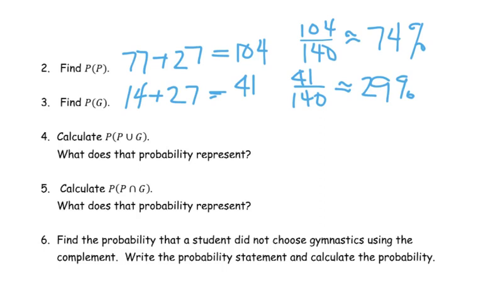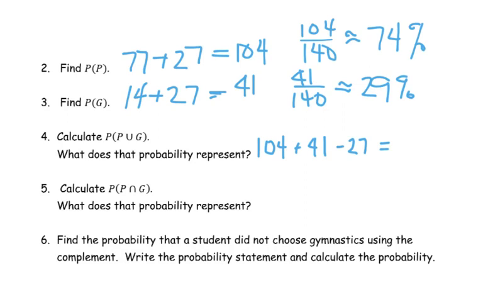Okay, so that's going to be the 104 people who chose photography plus the 41 people that chose gymnastics. Now the problem with that is we counted somebody twice. We counted those people that chose both.